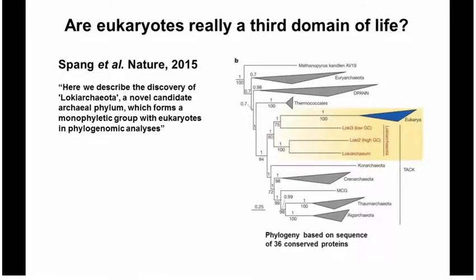And from the sequences, they got a bunch of sequences of conserved proteins from these Loki archaeota, archaebacteria, which were very close to eukaryotic sequences. Okay, so here are the standard kind of archaebacteria, and these Loki archaeota are very close to eukaryotes.